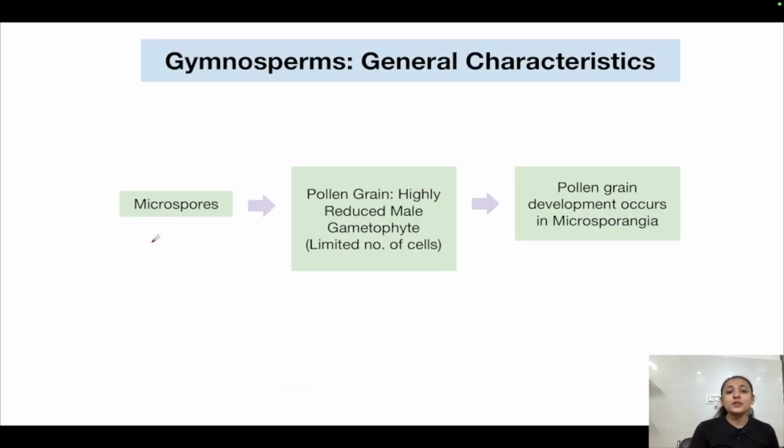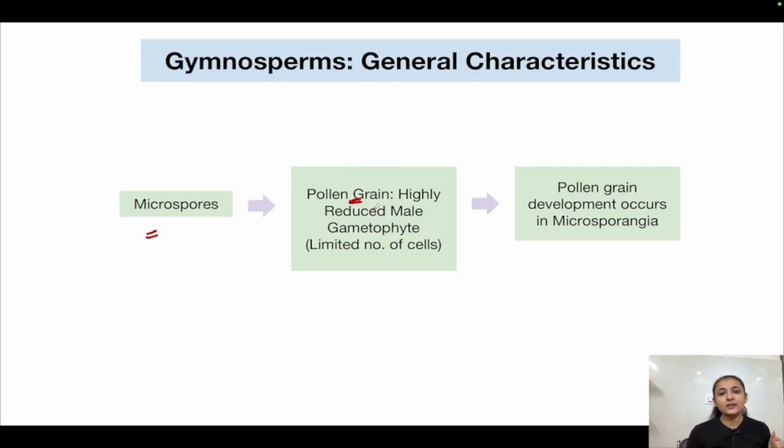Okay, so let us move forward now. The microspores germinate or develop into pollen grains, right? The microspores, when they develop further, what structure will they make? They will make pollen grains. The pollen grain is the highly reduced male gametophyte. In gymnosperms the male gametophyte is known as the pollen grain.